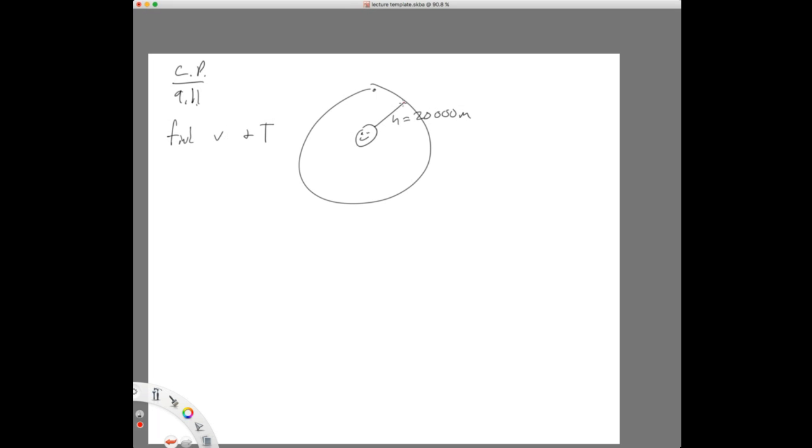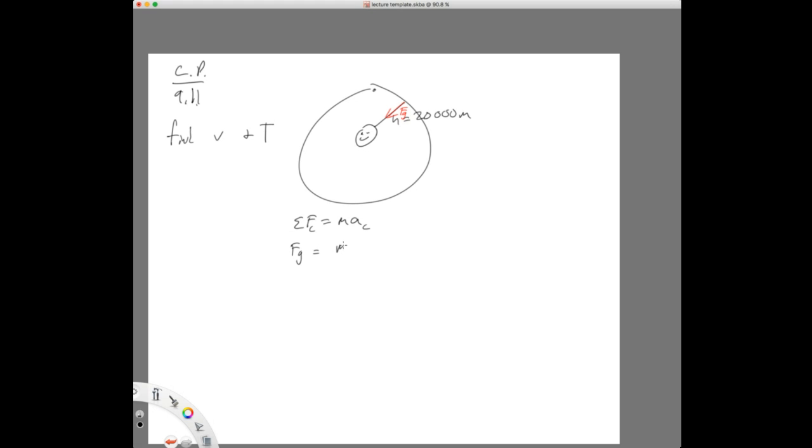So of course we know that the force acting on the satellite is the force of gravity. And we can say net force equals ma, but we really only want to think about the centripetal components. And so that's going to be the force of gravity.